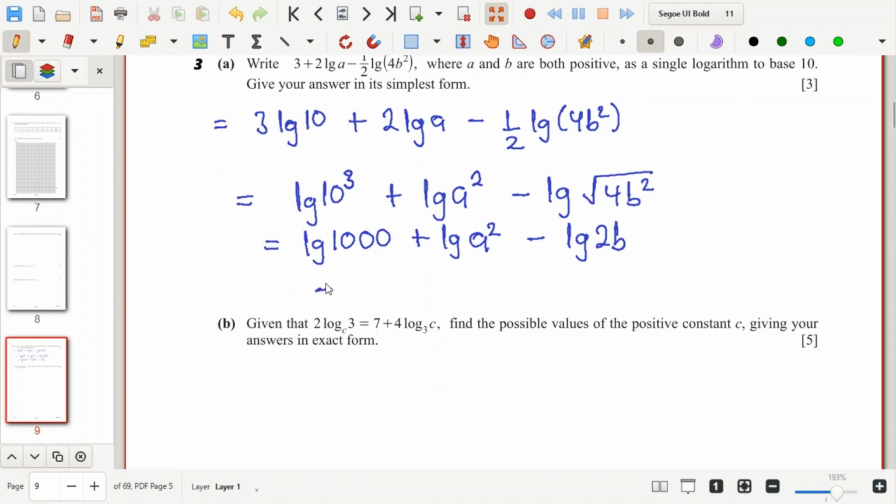So log 1000 a squared, so they are adding, so the argument will multiply, divided by 2b. And this is the same as 500 a squared over b.